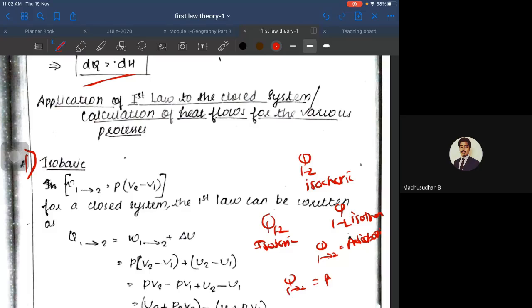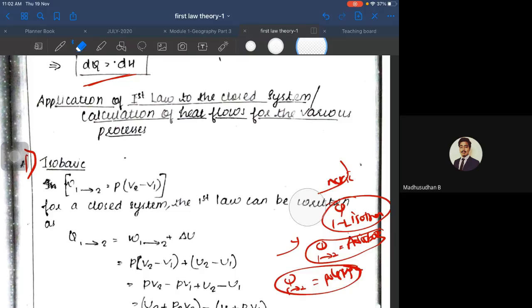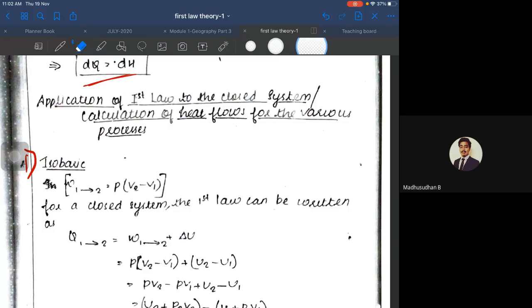So applying the first law of thermodynamics, you will be in a position to derive the expressions for Q 1 to 2, that is heat lost or gained from 1 to 2, for all the five processes. Let us look at this very briefly. There is very limited possibility that they might ask it, but yet I have given it in the notes. So we will go very fast, and remember only the end results if possible.